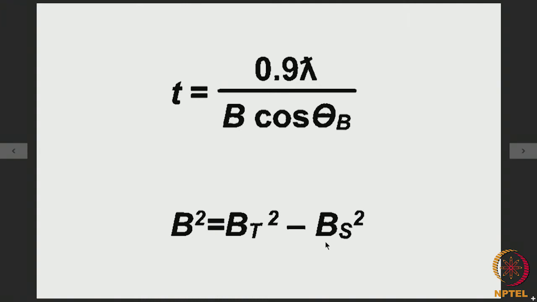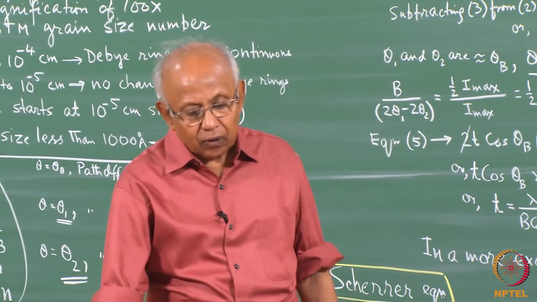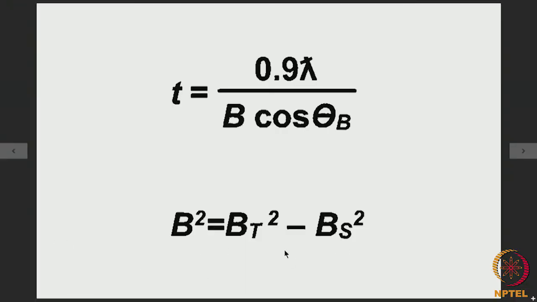So, Warren suggested that we determine B from this kind of an equation. This kind of an equation is suggested on the idea that the diffraction line profiles look like error curves. That is the reason why this relationship was suggested by him.